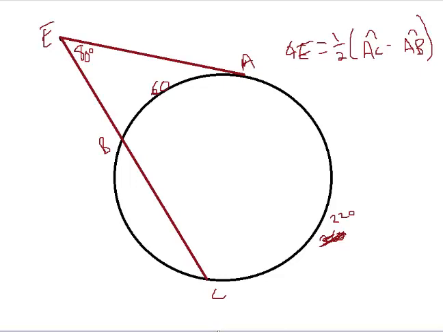If we drew another line, something like this, and we wanted to know this big angle, we'd have to take whatever this arc is, all the way around the circle, and then subtract this arc, the little one, AB, and take 1/2 of that. In other words, it's the same rule that applies in terms of figuring out this angle, whether you're talking about two secants, two tangents, or one tangent and one secant.